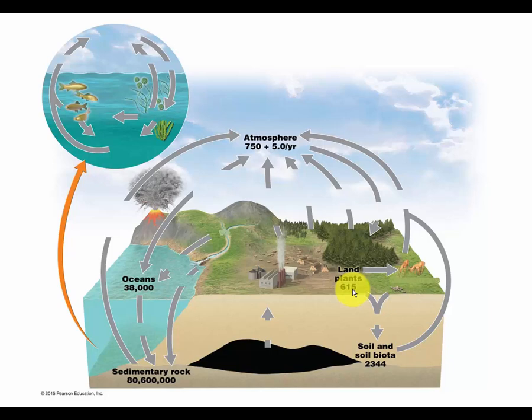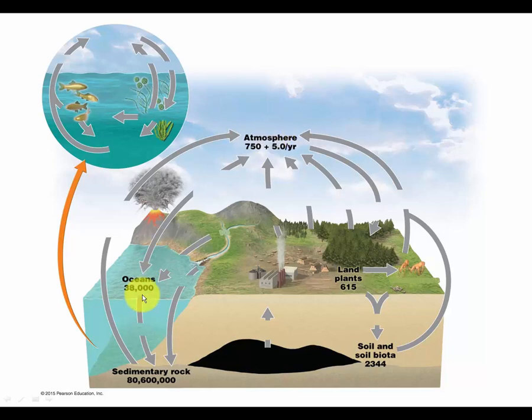Carbon is found in energy-containing compounds as well as things like amino acids, which make up proteins, nucleic acids, structural compounds like cellulose, and so on. They're all carbon-based compounds.